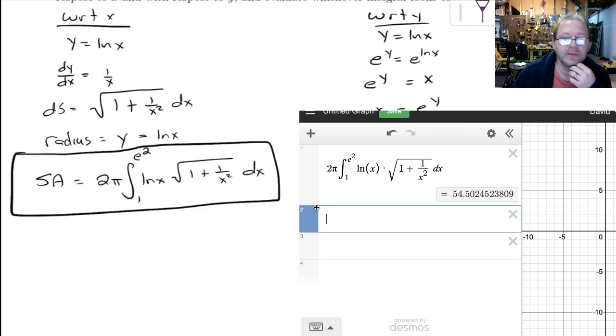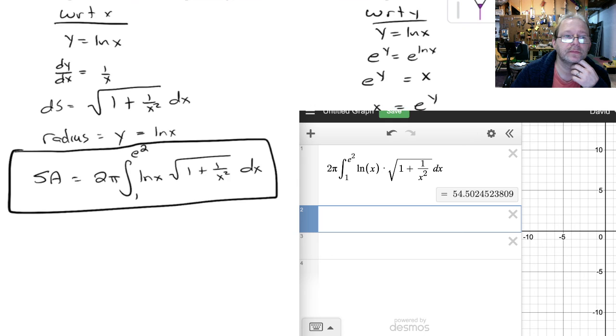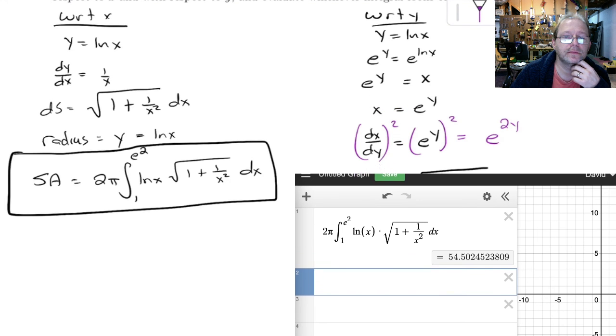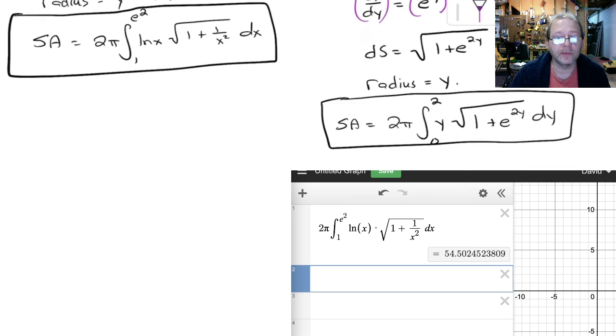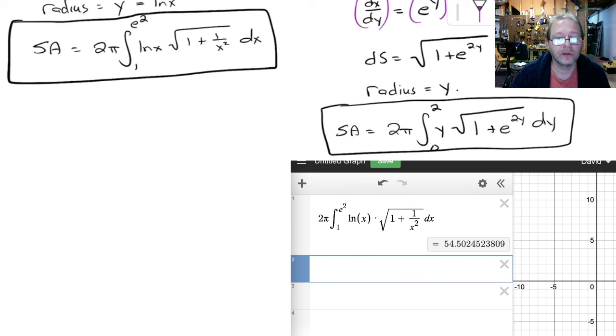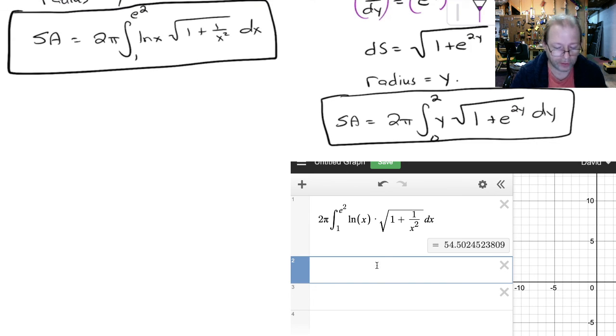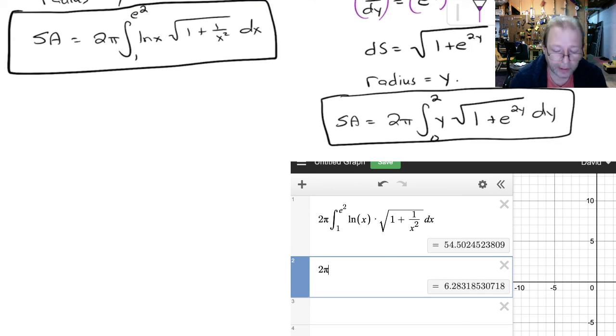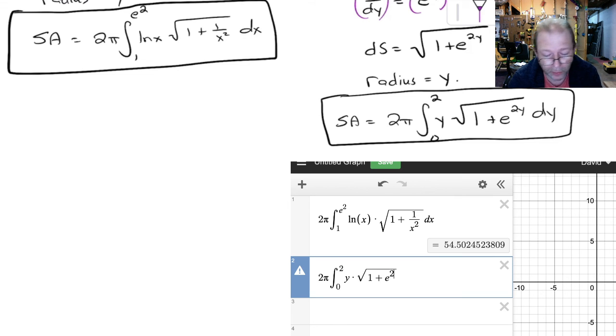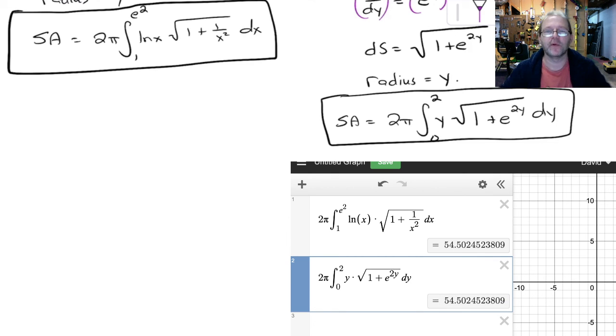All right, now let's put the other one in. Let me get it up here on screen where we can see it. All right, 2 pi times the integral from 0 to 2 of y times the square root of 1 plus e to the 2y dy, and we get 54.502.